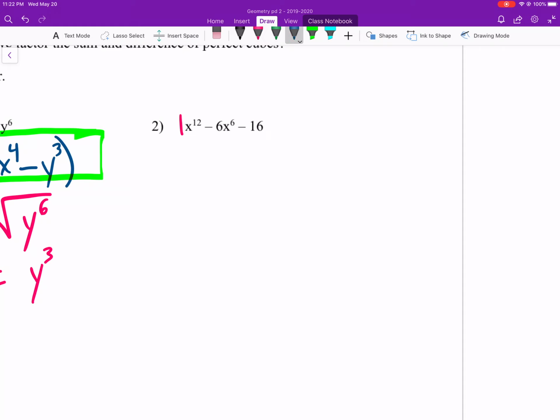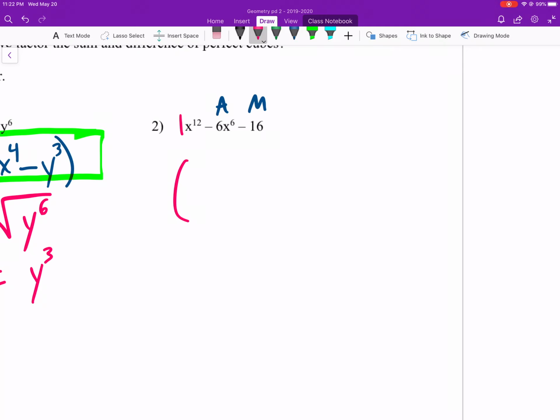There are a lot of similarities with standard AM. We need two numbers that multiply to negative 16 and add to negative 6. Since they multiply to a negative, the signs have to be different, and they have to add to negative 6.